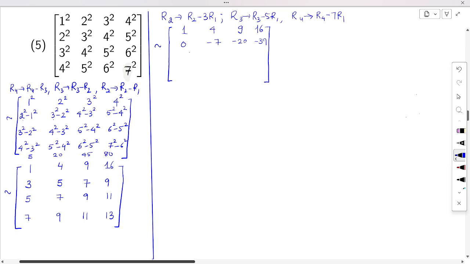This becomes 5 minus 5, 0, 7 minus 20 is minus 13, then 9 minus 45 is minus 36, and 11 minus 88 is minus 77. Then multiply row 1 by 7. Okay, so we can make these things simpler.